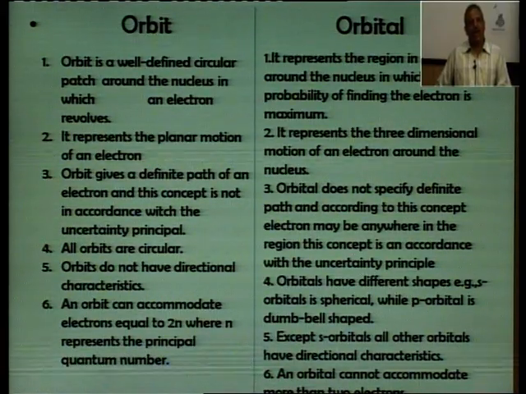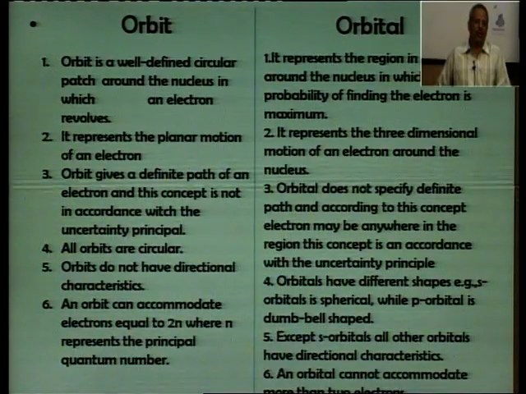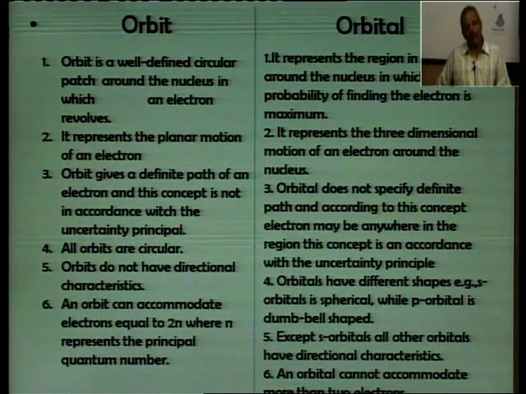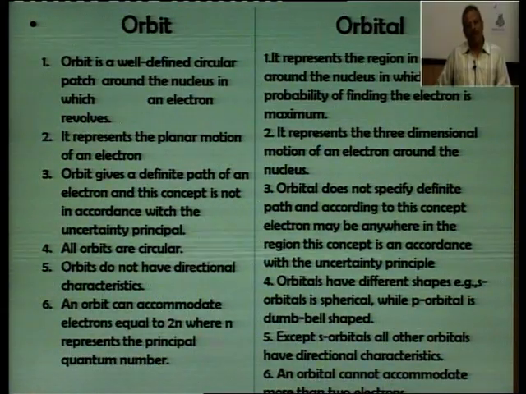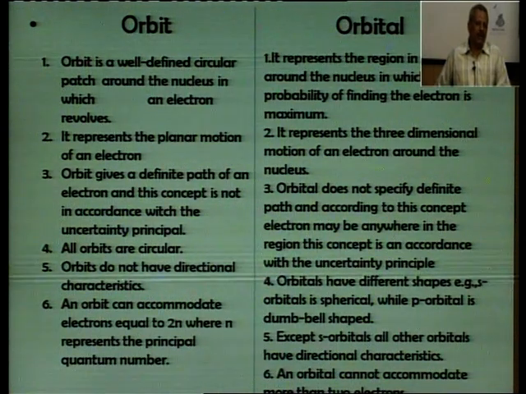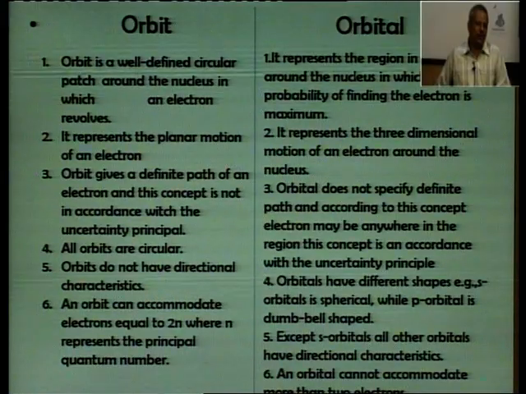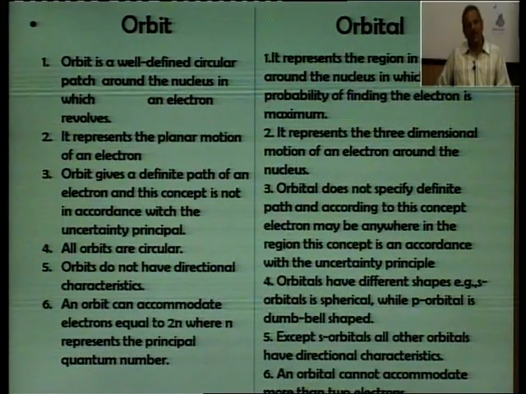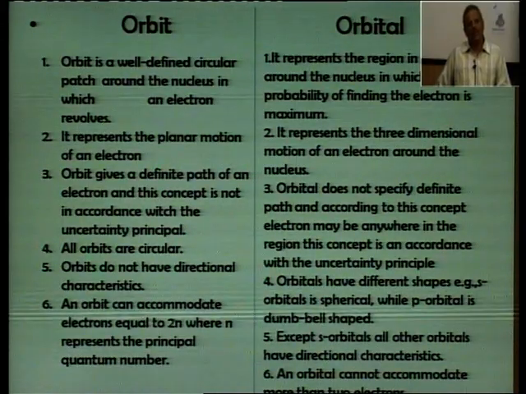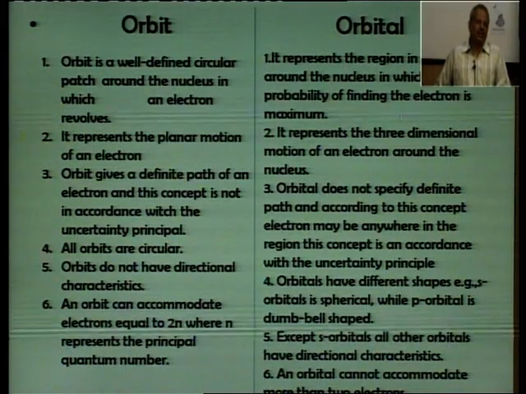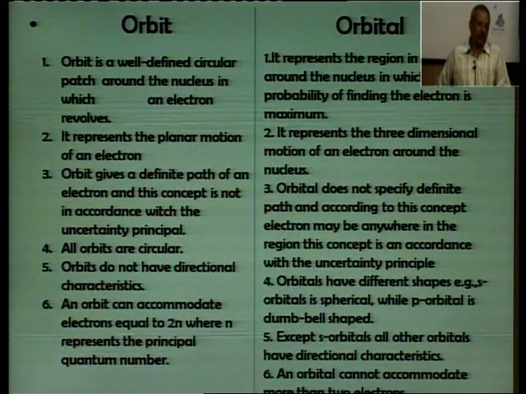On the sixth point, an orbit can accommodate electrons equal to 2n², where n represents the principal quantum number. If the value of n is 1, then the first orbit can accommodate only 2 electrons, and if n is 2, then the second orbit can accommodate 8 electrons.